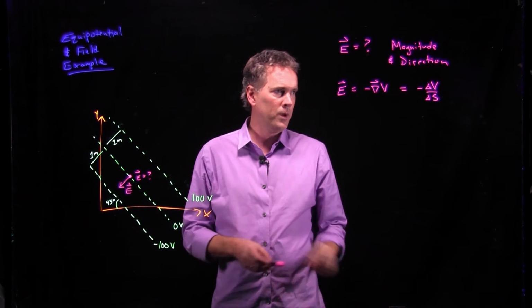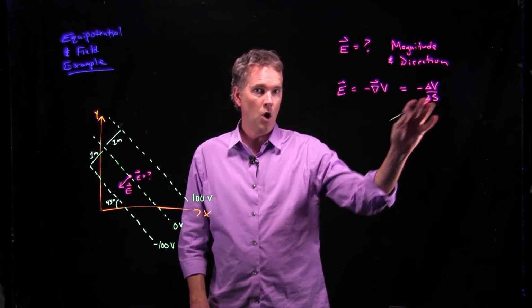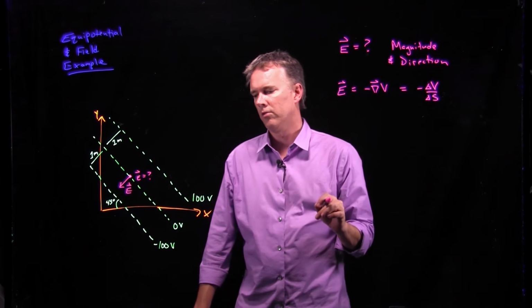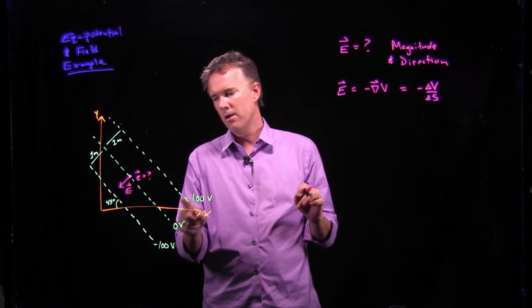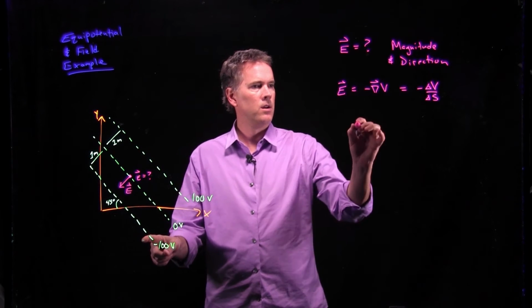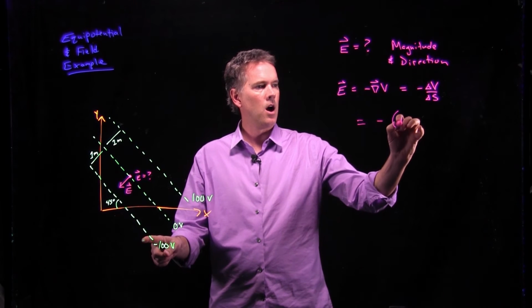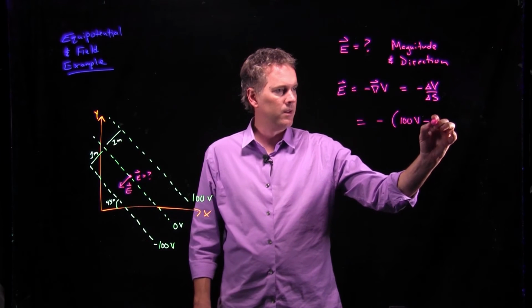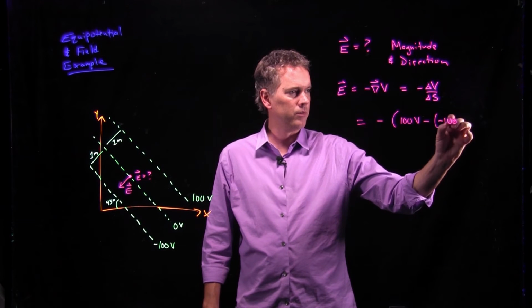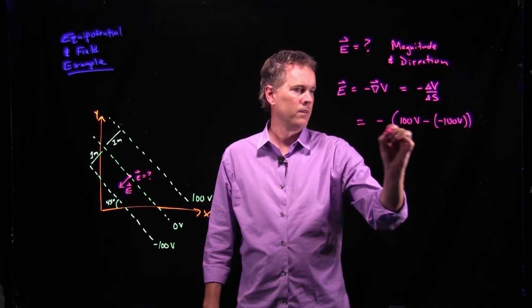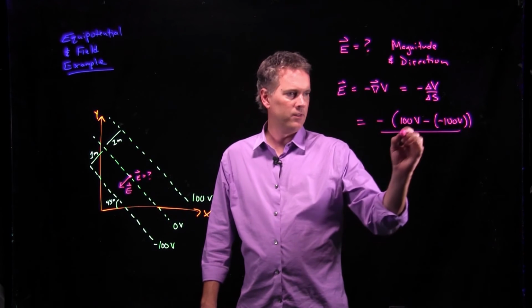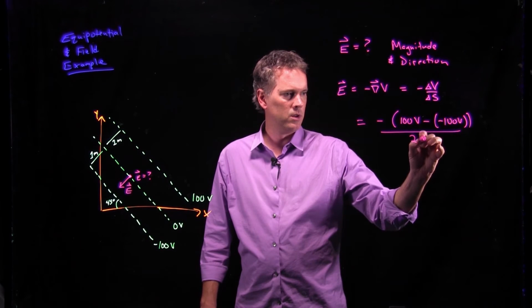Well, all we really need is delta V over delta S, the distance that separates those equipotentials. So if I go from here to here, what do we get? We get 100 volts minus negative 100 volts. And delta S over that distance is 2 meters.